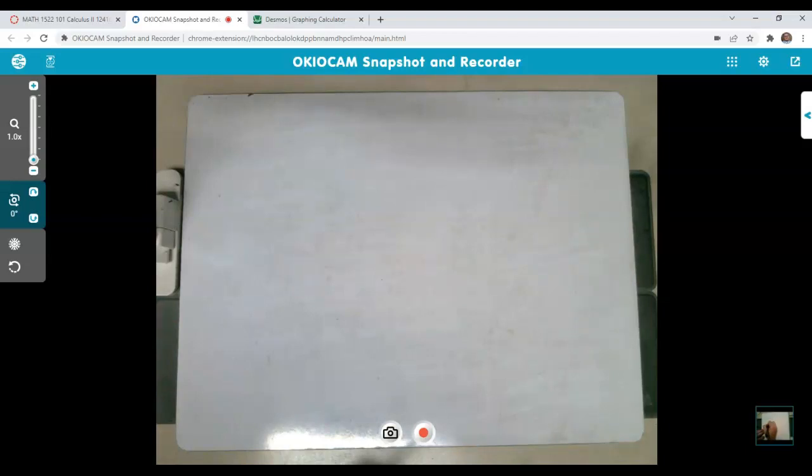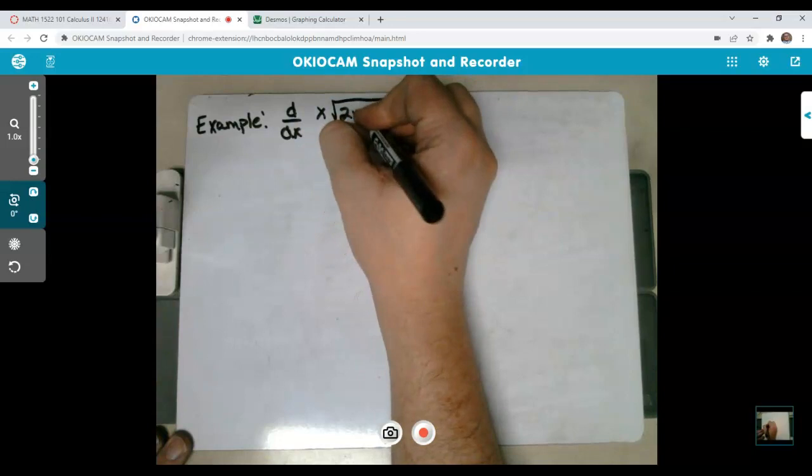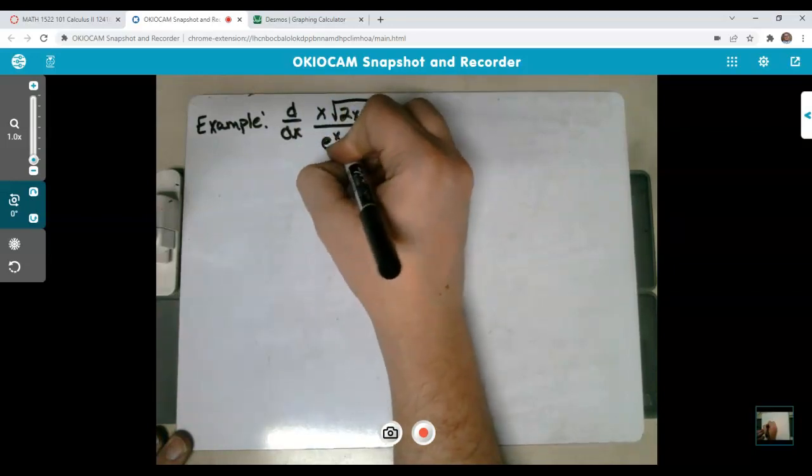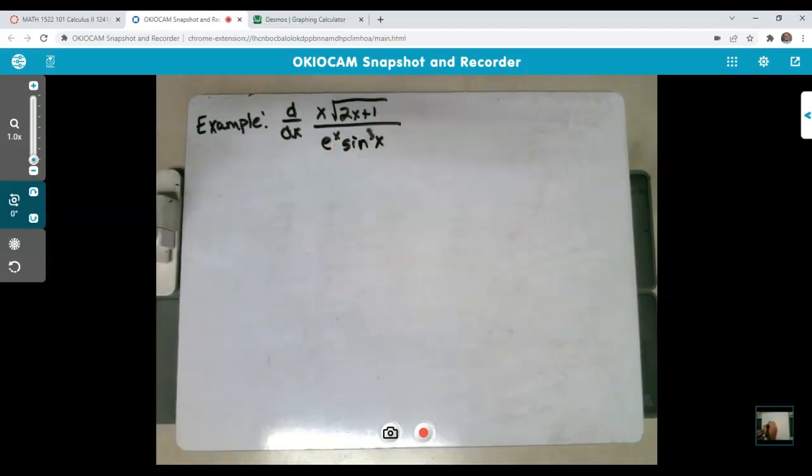Let's find the derivative of x times the square root of 2x plus 1 over e to the x sine cubed of x. Now this one we could actually do using the quotient rule. However, that would be a mess.